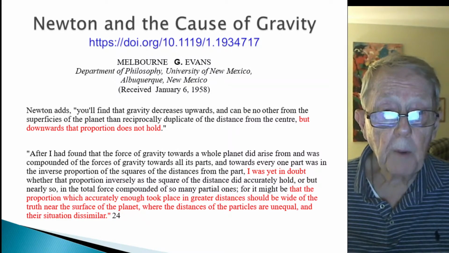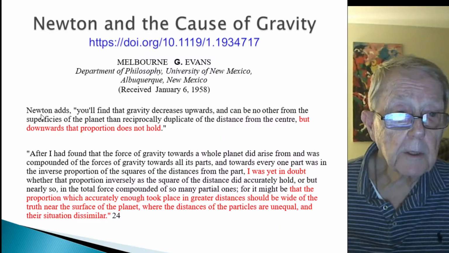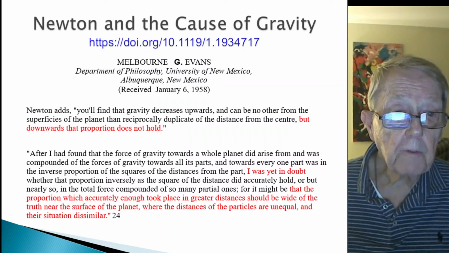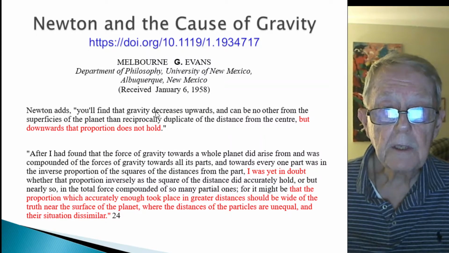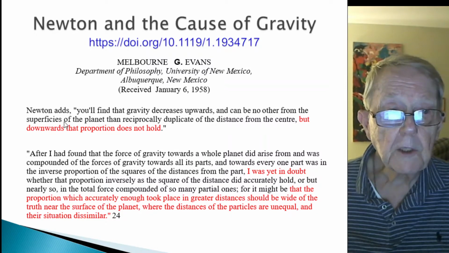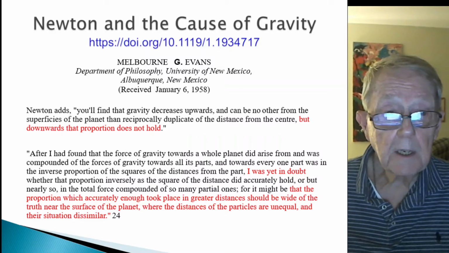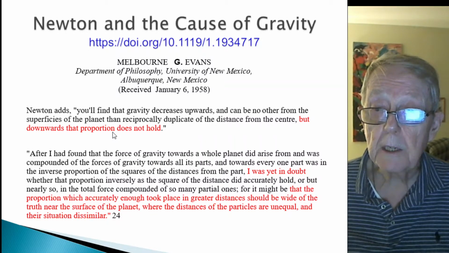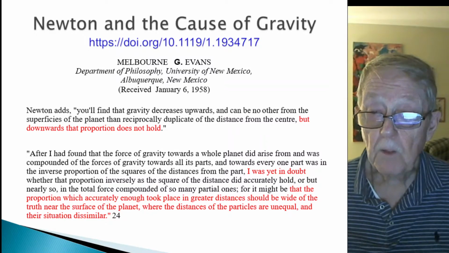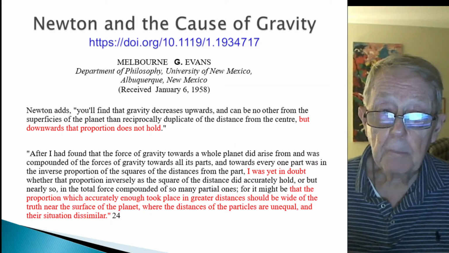So in one part of the paper, Newton adds, you find that gravity decreases and can be no other than from the superficies, the surfaces of the planet, then reciprocally duplicate of the distance from the center. But downwards, that proportion does not hold. So he's saying it's good from the surface up, but downward not.